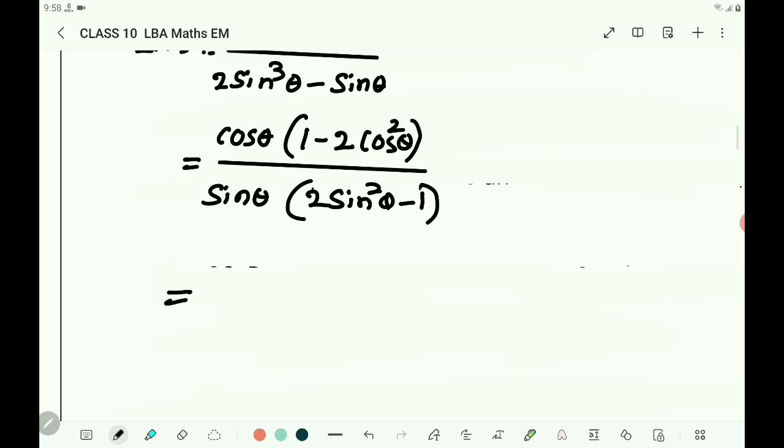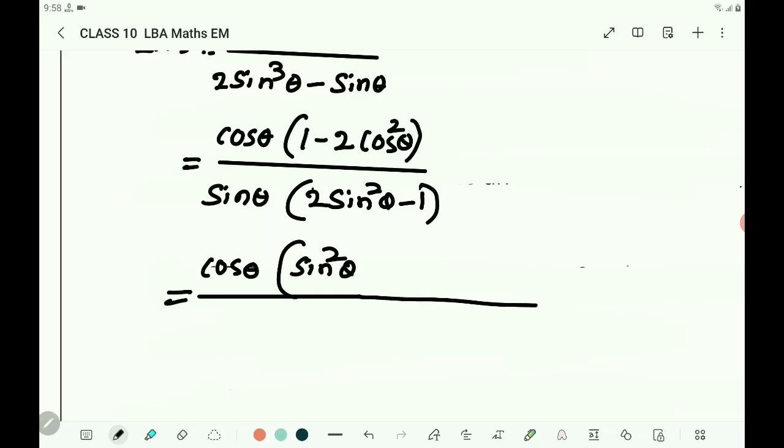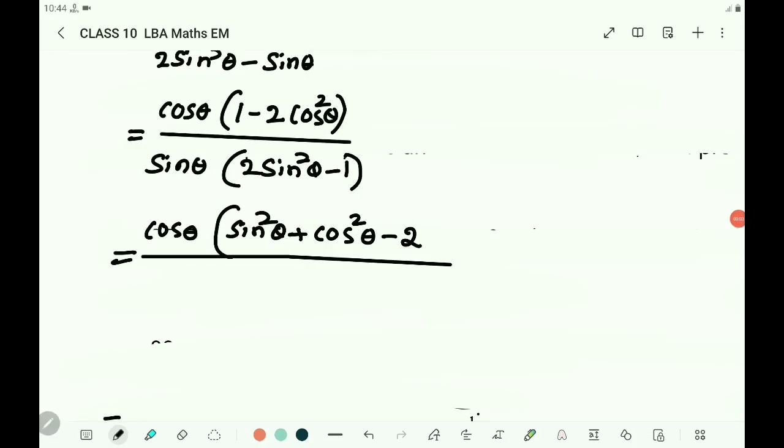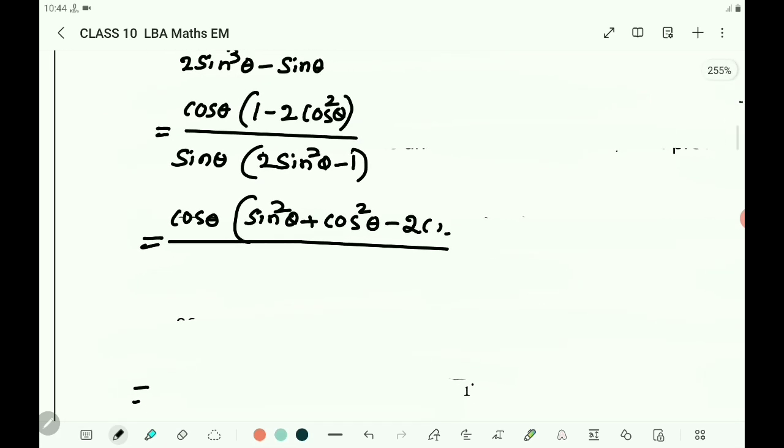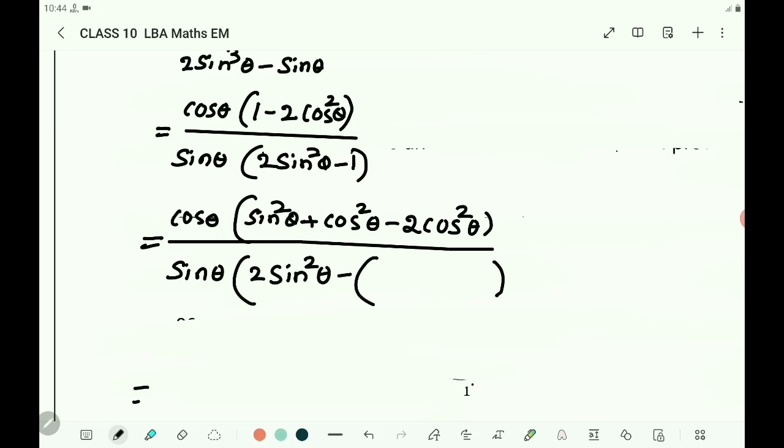Then write cos theta as it is. In the place of 1, write sin square theta plus cos square theta, minus 2 cos square theta, and you write sin theta into 2 sin square theta minus, in the place of 1 you write sin square theta plus cos square theta.